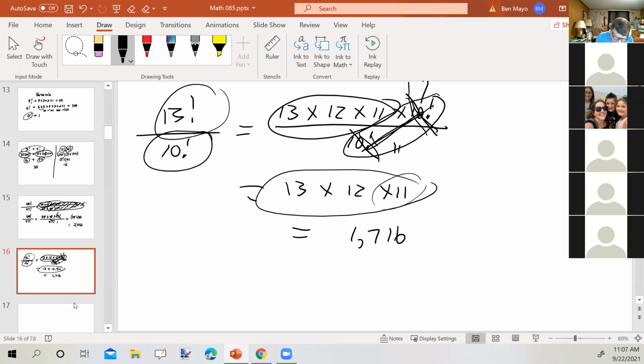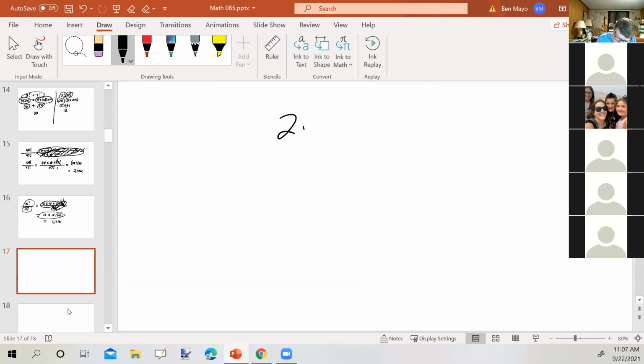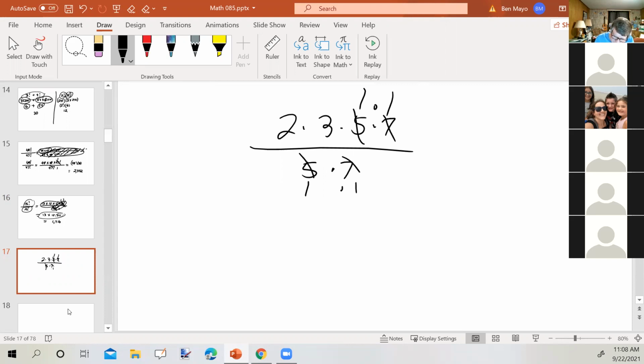Kind of, yeah. Okay, well, let's just forget factorials for a moment. Let's say I've got 2 times 3 times 5 times 7 over 5 times 7. You could say 5 over 5 reduces down to 1 over 1. 7 over 7 reduces down to 1 over 1. And basically I've got 2 times 3 is 6 times 1 is 6 over 1 is still 6. So I'm just going to get that.